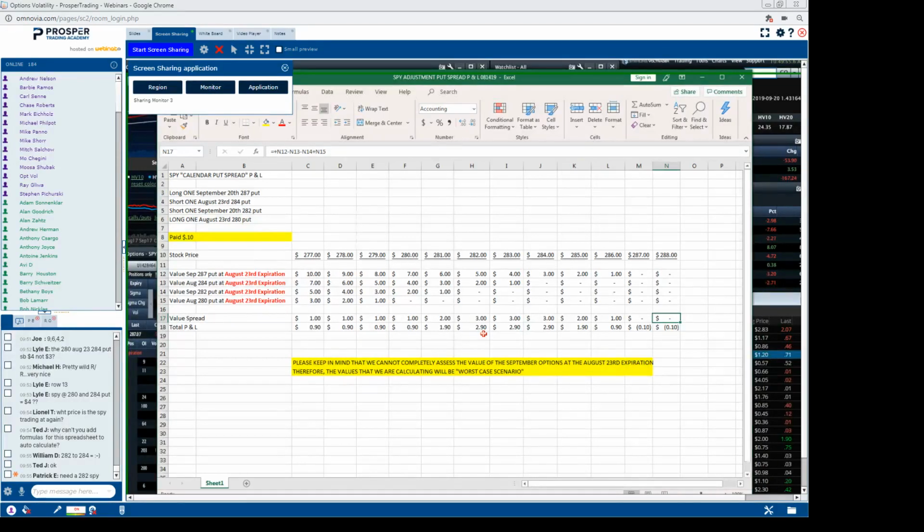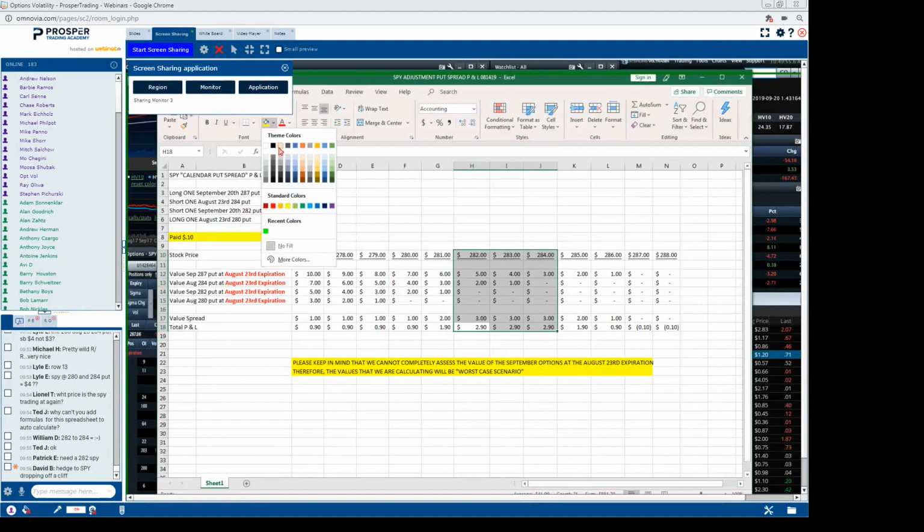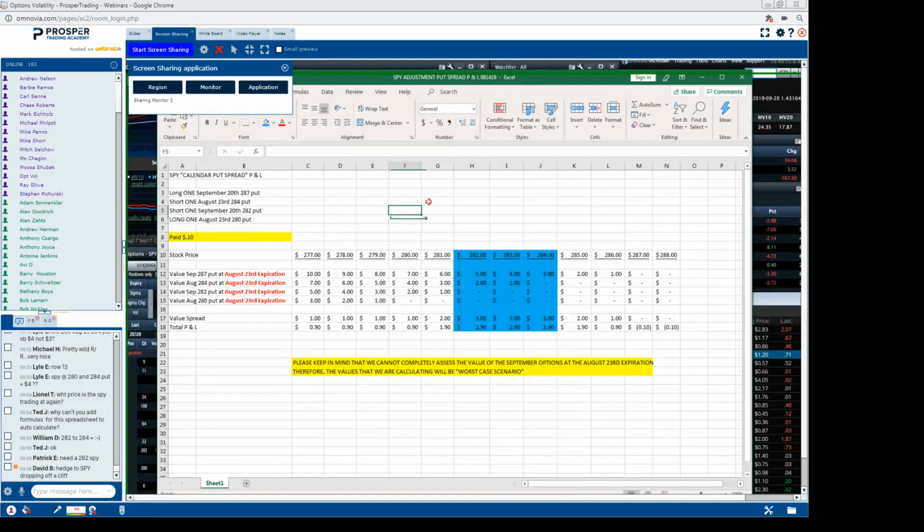Okay, well, William, obviously you got it, that at August 23rd expiration, this area here is going to be our sweet spot. Okay, what else? What other conclusions can we draw from this?